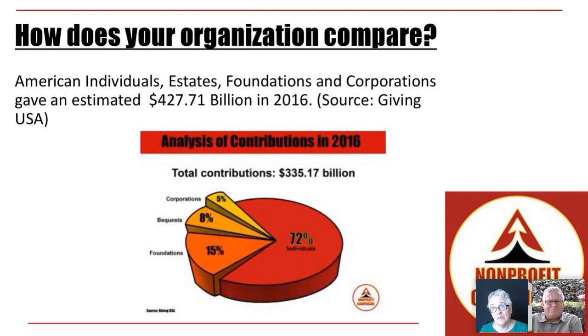And some people, when they got a gift from a corporate foundation, it went under foundation gifts. So I think a lot of it is how we're reporting it and how it's being tracked. So there are some challenges that we face, but no matter how you look at this pie, individuals do give most of the money.